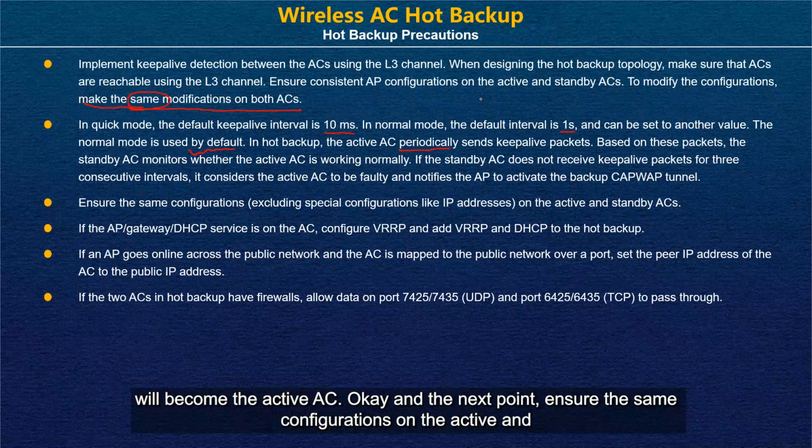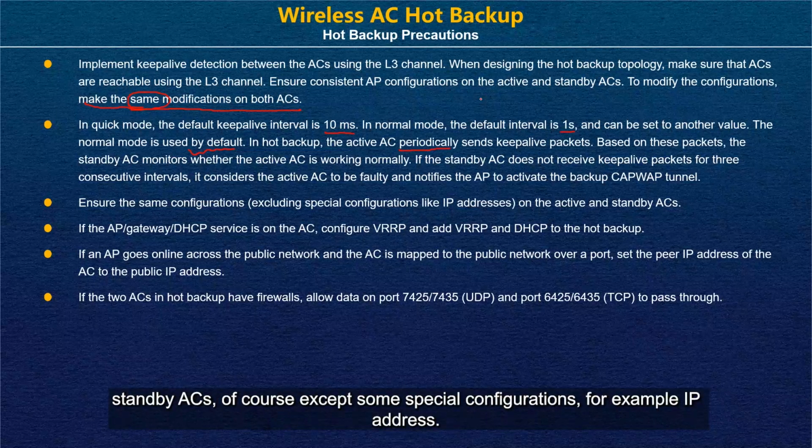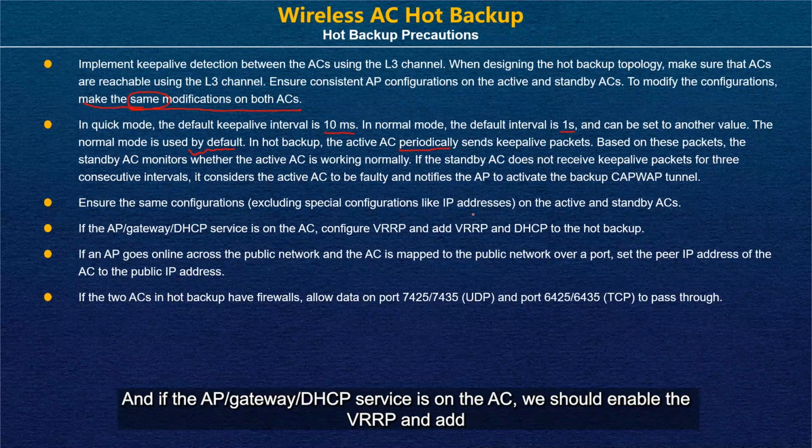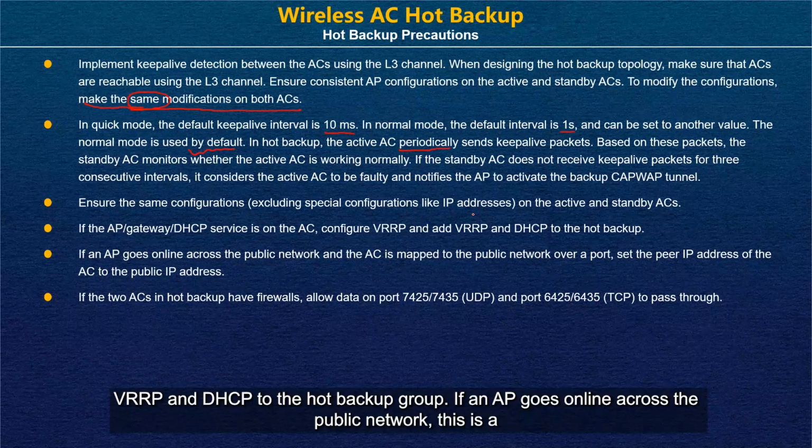Okay, and the next point, ensure the CM configuration on the active and the standby ACs, of course, except some special configurations, for example, IP addresses, right? And if the AP gateway or DHCP service is on the AC, we should enable the VRP and add the VRP DHCP to the hot backup group.